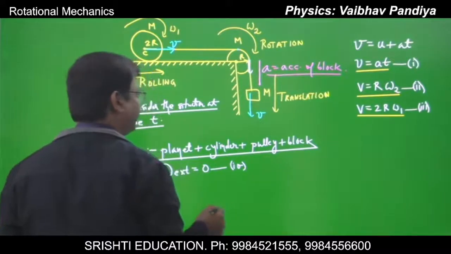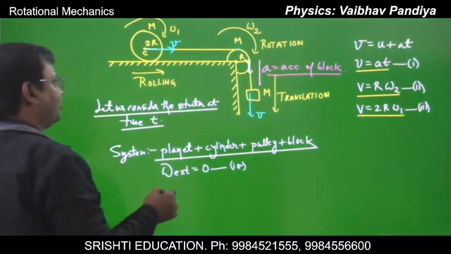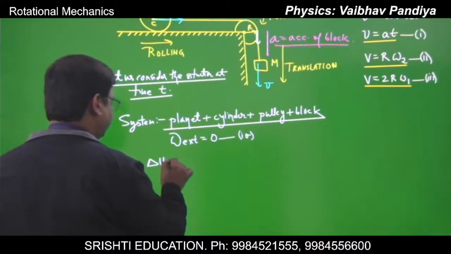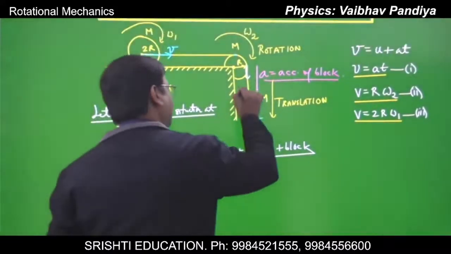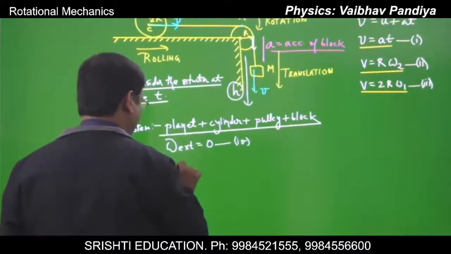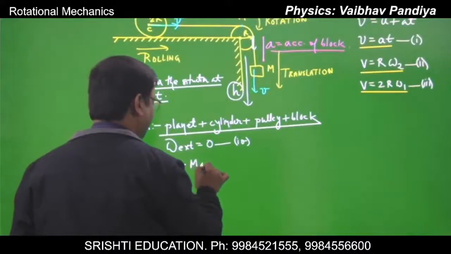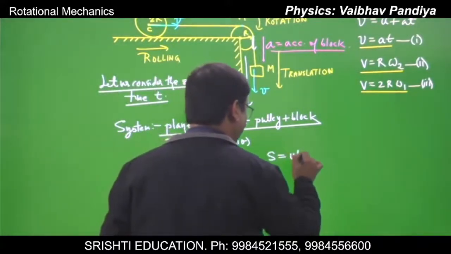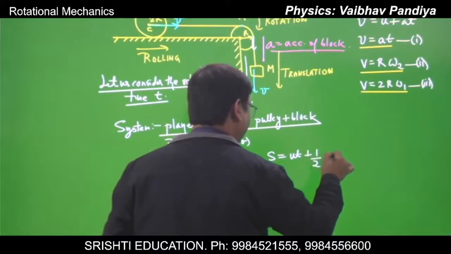Now let us find the different changes in the corresponding energies. So the change in the gravitational potential energy would be what? Say the block comes down in a time t, it comes down by height h. So it would be minus mgh, and h you can find by the equation s is equal to ut plus half at square.